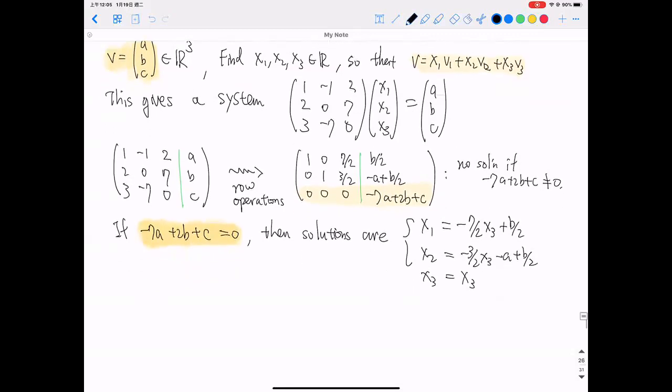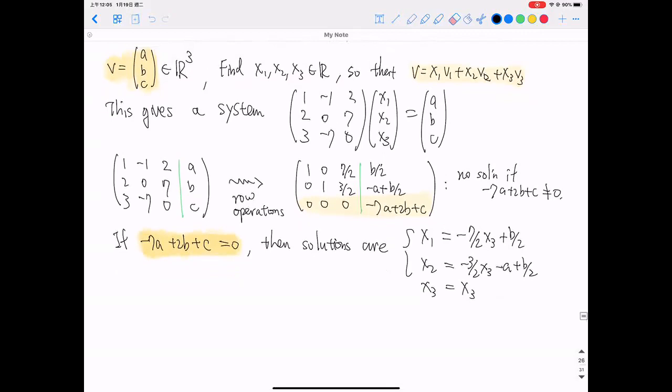So the fact that there is a condition on the vector v for it to be possibly written as a linear combination of v1 through v3 means that v1 through v3 does not span all three.